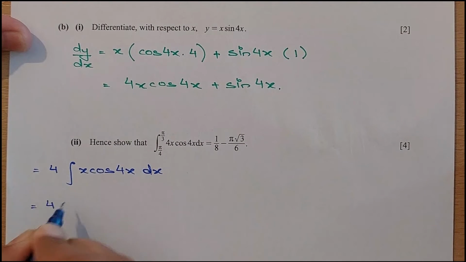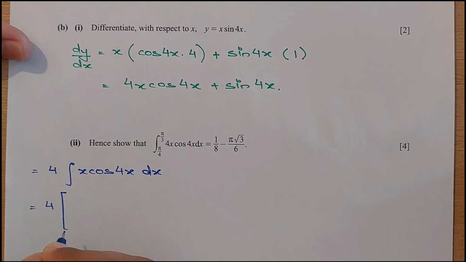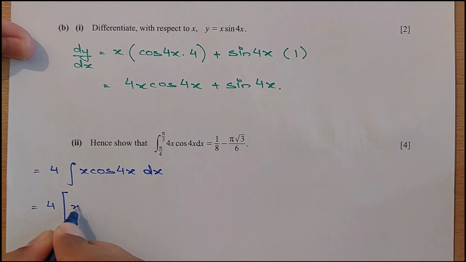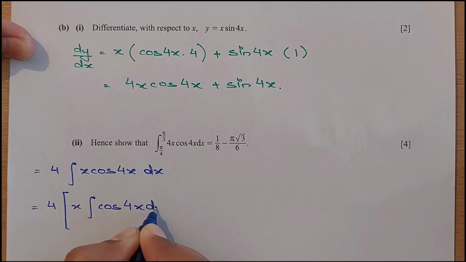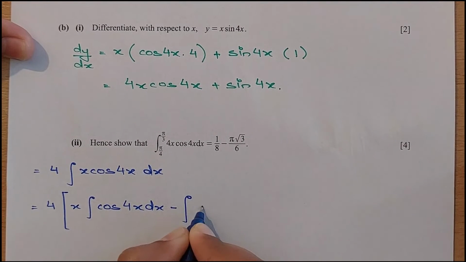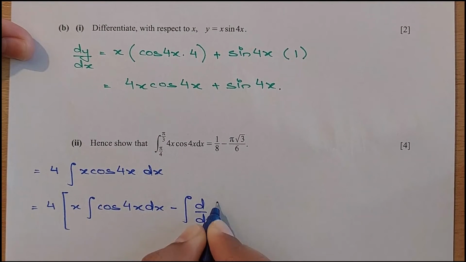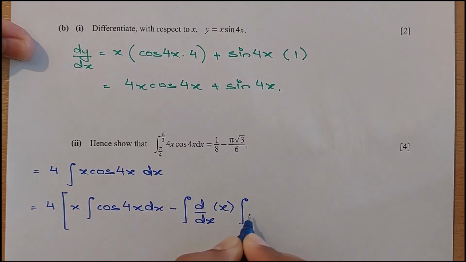So we have 4. Okay, so the first function, let me take x as the first function because the derivative of x is just 1. So x is the first function, integration of the second function, minus whole integration, derivative of the first function, integration of the second function.